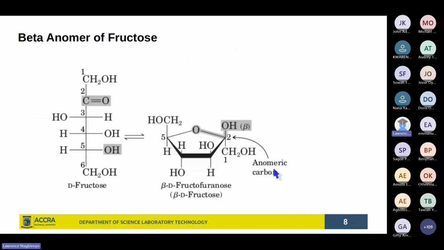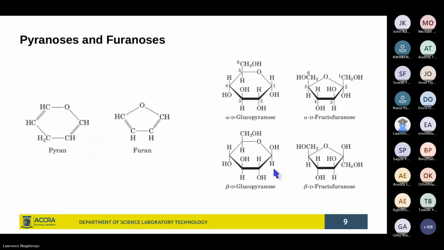And to understand that better, let's look at why we call these structures pyranoses or furanoses. We have two organic compounds that we refer to as pyran and furan. The structure of a pyran has a 6-sided ring with an oxygen in that ring.